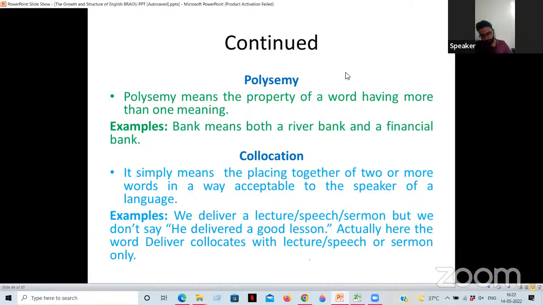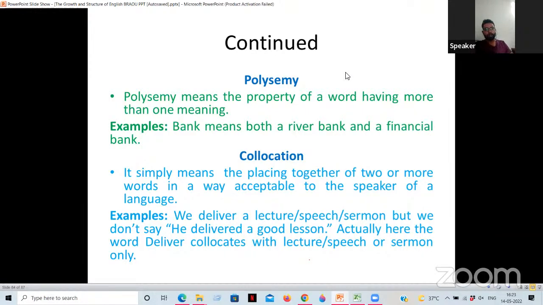As for example, see, whenever we talk about the word deliver, it collocates with certain words. We do not say that he delivered a good lesson. Rather, we say that the word deliver collocates with speech, lecture, or a sermon.